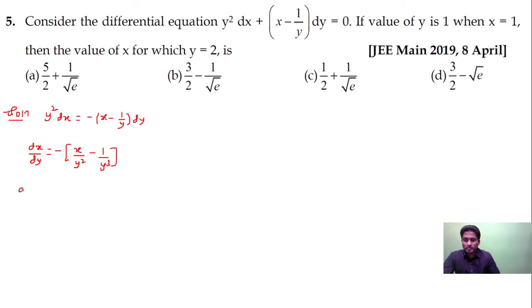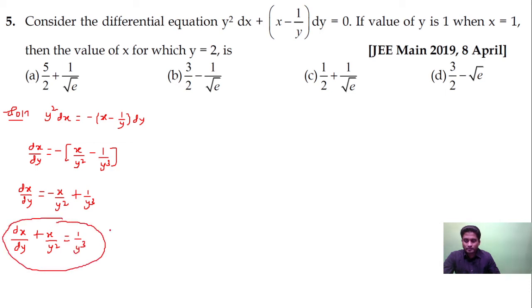Now dx by dy is equal to minus x by y square plus 1 by y cube. So dx by dy plus x upon y square is equal to 1 by y cube. Now this is of the form dx by dy plus px is equal to q.